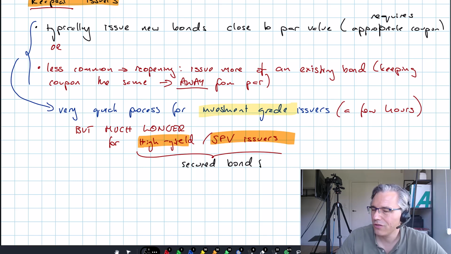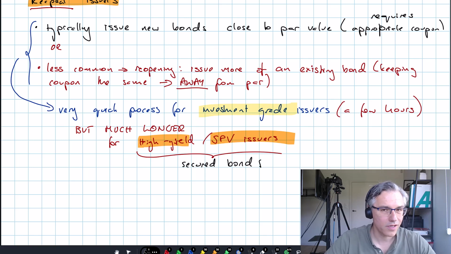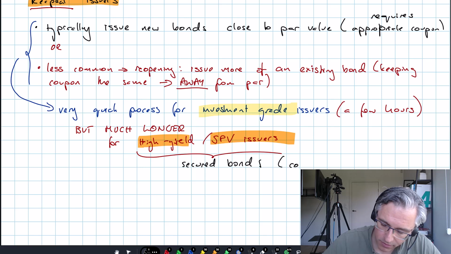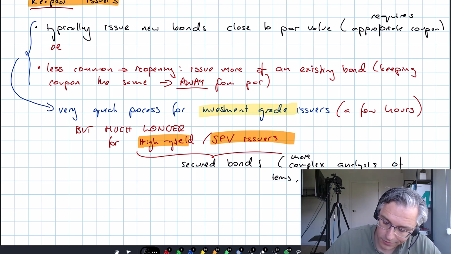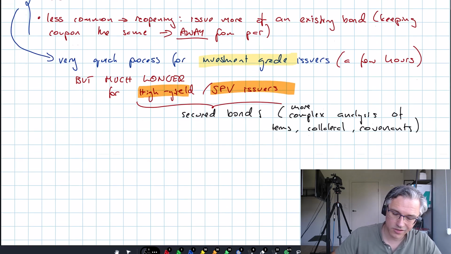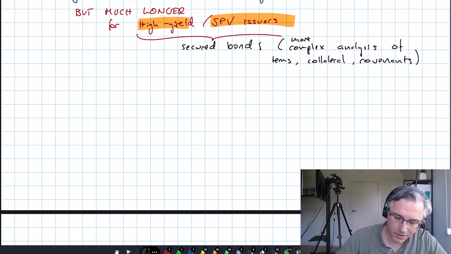So this is not going to be a quick process, because when you present such bonds to investors, they're going to have to take time to investigate the quality of the collateral. So a more complex analysis of the terms, the collateral involved, covenants that are built into the issue, all of these things will have to be investigated, and that's going to take not hours but typically days.